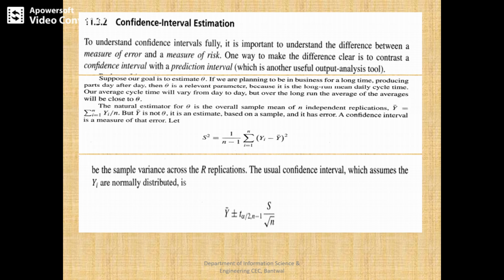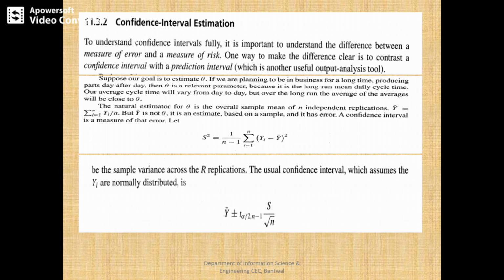The natural estimator of theta is the overall sample mean of the independent replications, Y bar, equal to the summation from i equals 1 to n of Yi divided by n. Y bar is not exactly theta; it is an estimate based on the given sample, and it has error.